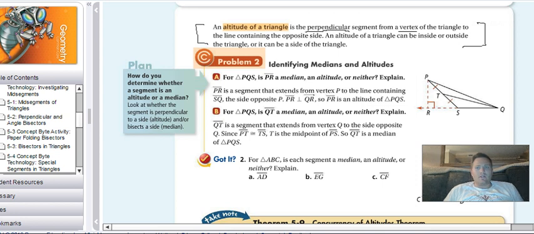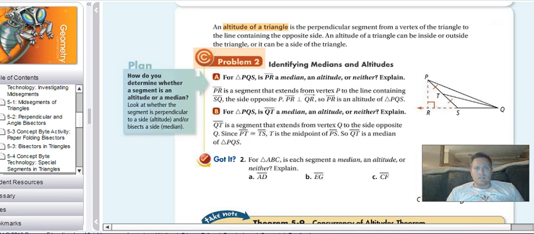An altitude of a triangle can be inside or outside of the triangle, or it can be on the side of a triangle. So really important right there. So we're going to go from the vertex to the other side, and we're going to make a perpendicular segment, which means it's going to equal 90 degrees.